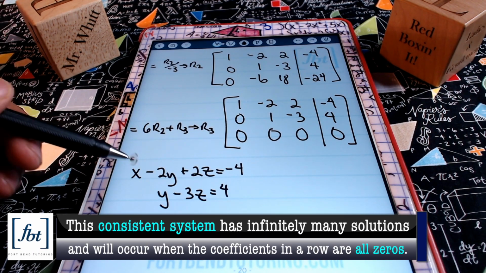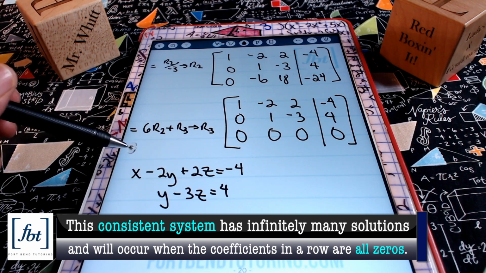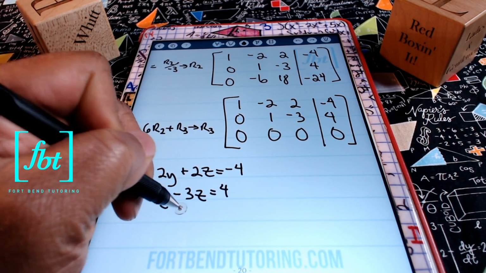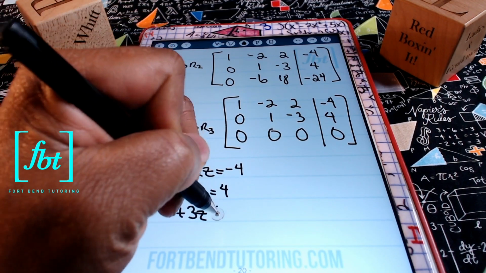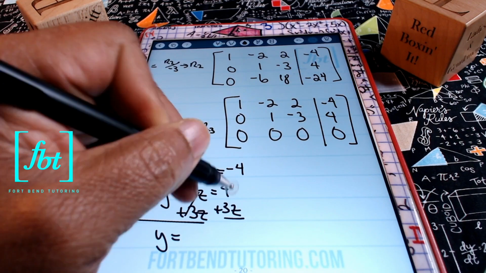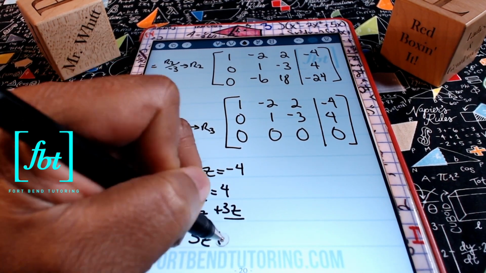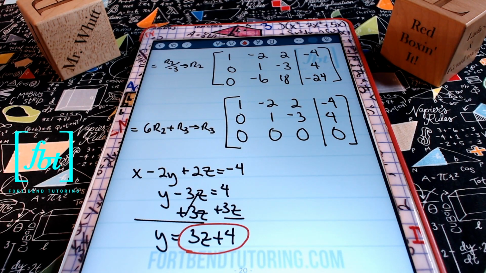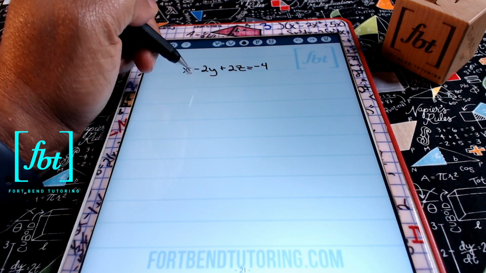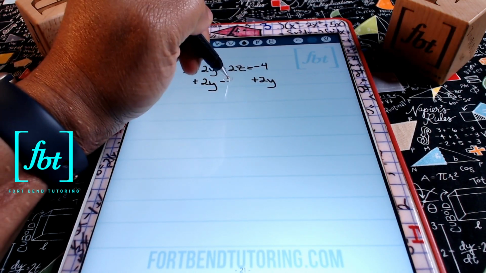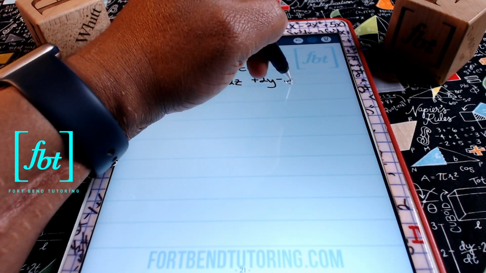So what we're going to do is we're going to end up rewriting each of these equations in terms of z. For instance, to solve for y, all I have to do is add 3z to both sides of the equation. Doing so lets me know that y equals 3z plus 4. I'm going to hold on to this value and then solve for x. In solving for x, I'll be adding 2y to both sides of the equation, as well as subtracting 2z from both sides of the equation.